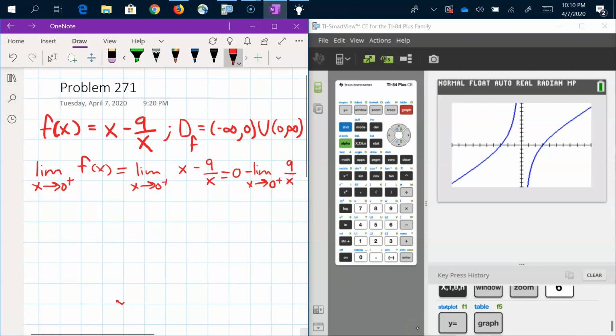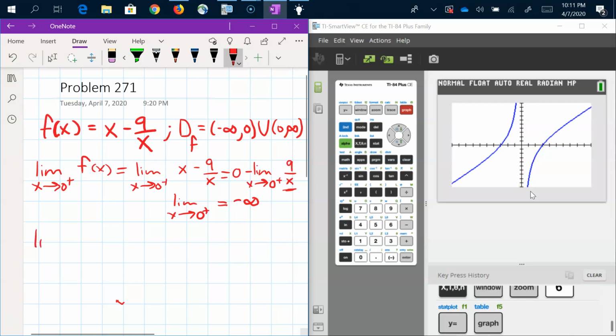And here the negative sign came through the limit, and as x approaches 0 from the right, this is something small and positive, and so this is going to blow up to positive infinity, but there's a negative there, so let's go to minus infinity. And if you look at the graph over here, as x approaches 0 from the right side, it looks like this thing goes down to minus infinity.